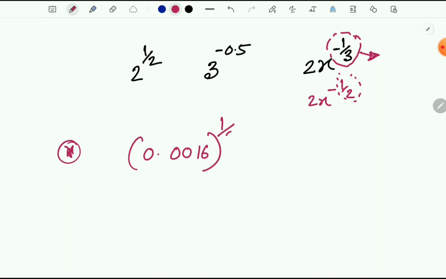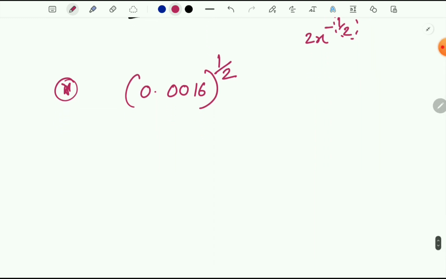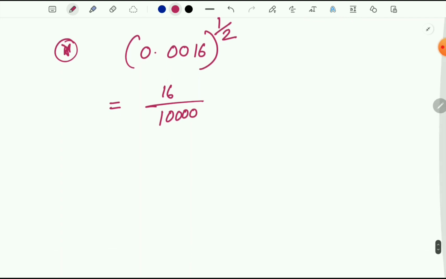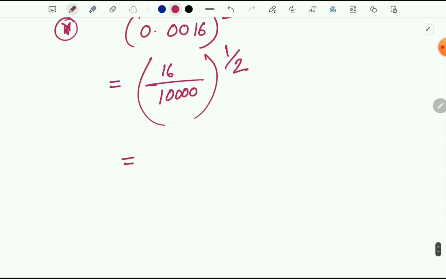We can write 16 divided by 10,000, to the power half. How can we proceed?